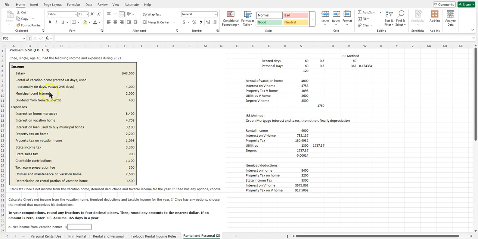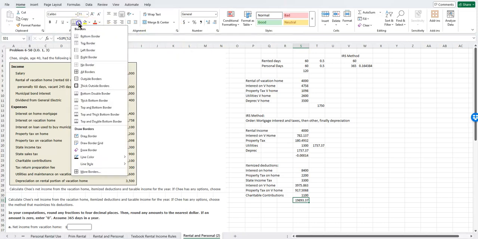All right, then we're going to look through here and find any other itemized deductions. And I see charitable contributions, and that is $1,100. So then I'm just going to add those itemized deductions together, and if I round, I get $19,893. So those are my itemized deductions.